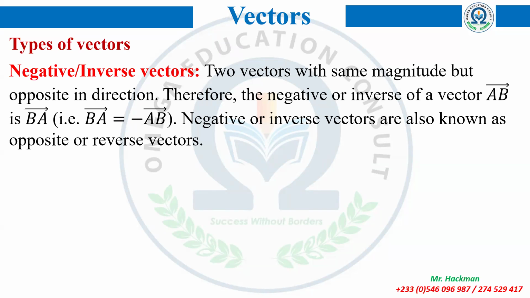So when you have two vectors with the same magnitude but they are moving in the opposite directions, then we can say that the vectors are inverse vectors. Therefore the negative or inverse of a vector AB is the vector BA, i.e. vector BA is equal to the negation of the vector AB.